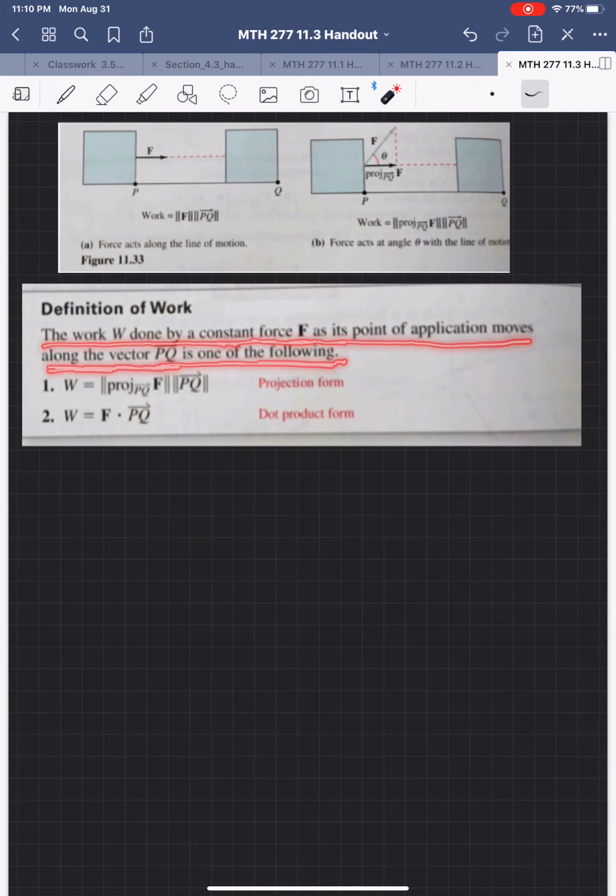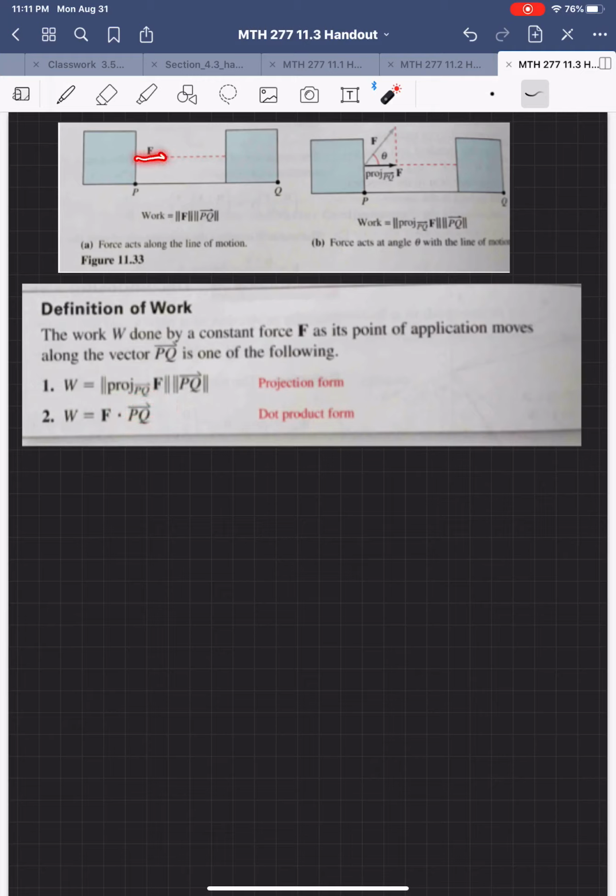So, in other words, let's take a look at how we define work. Notice that first let's look at P to Q. Can you agree that this box was started at point P and we moved it from point P to point Q? So that's what we mean by this part here. That's just a distance.